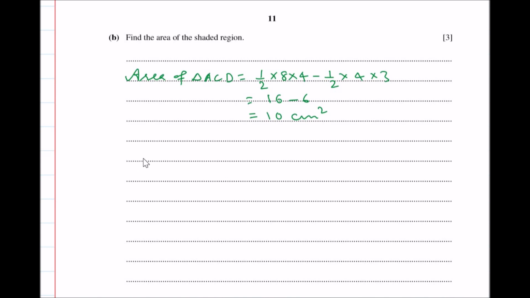Next, area of sector ACD. Sector ACD is equal to half r square theta, that is the formula. So r is 5, so 5 square, and theta we have got 2.214302.